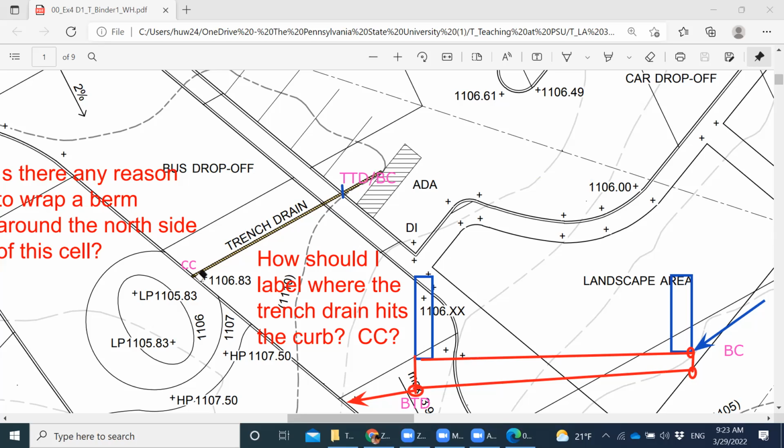But this one can be open, though it also doesn't have to be, because its function of collecting water, not only from this watershed but also from this watershed, is also performed by the trench drain itself here. So the curb here does not necessarily have to be open, but it can be. But here it cannot be open, because you can't have an open curb while people are walking on it, right? Yes, that's right.